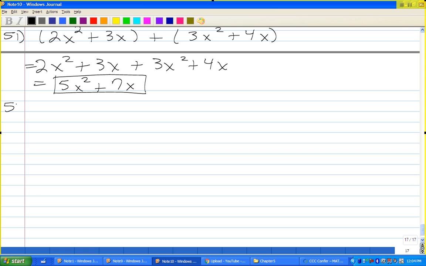53. 4a squared minus 3a plus 4, 2a squared plus 6a plus 2.